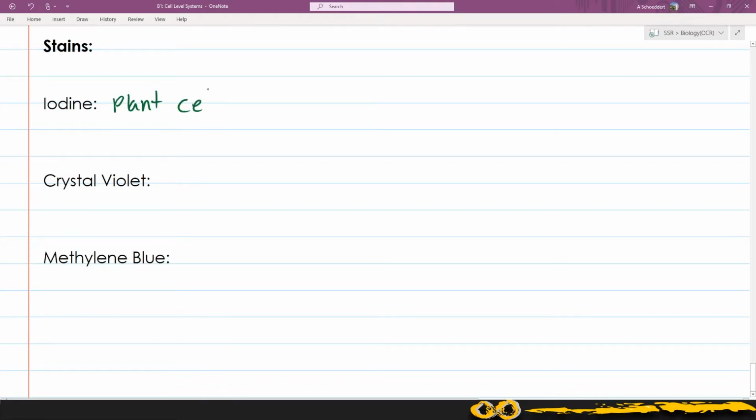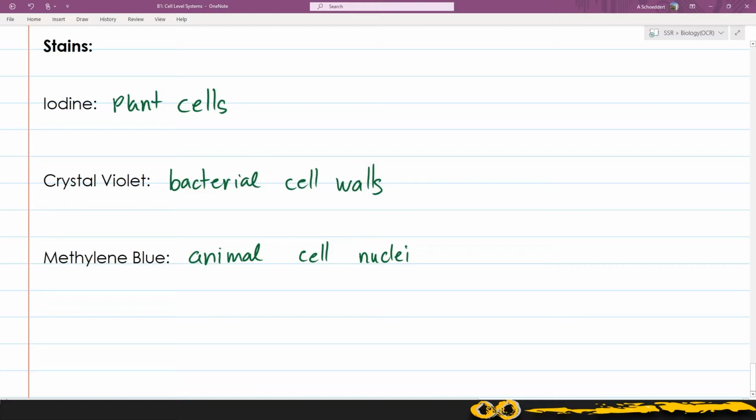Crystal violet will react with bacterial cell walls. And methylene blue will react with animal cell nuclei. And so when you use these stains, you're able to get a much better, much clearer image.